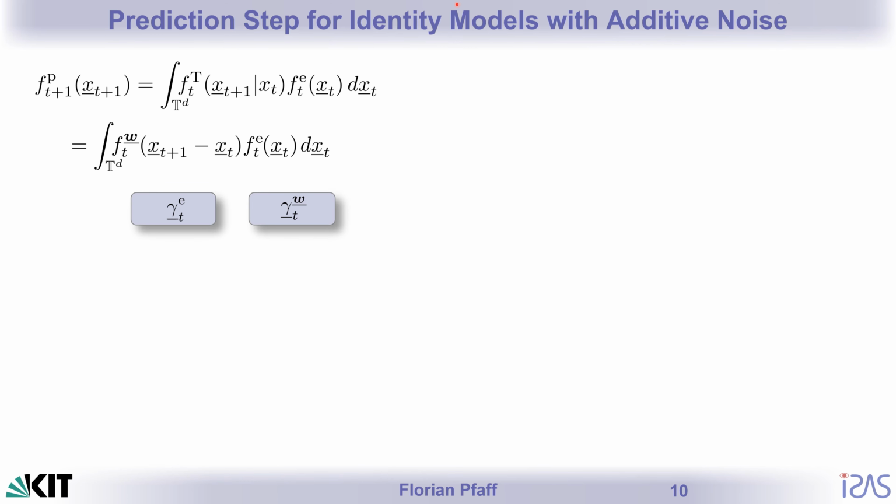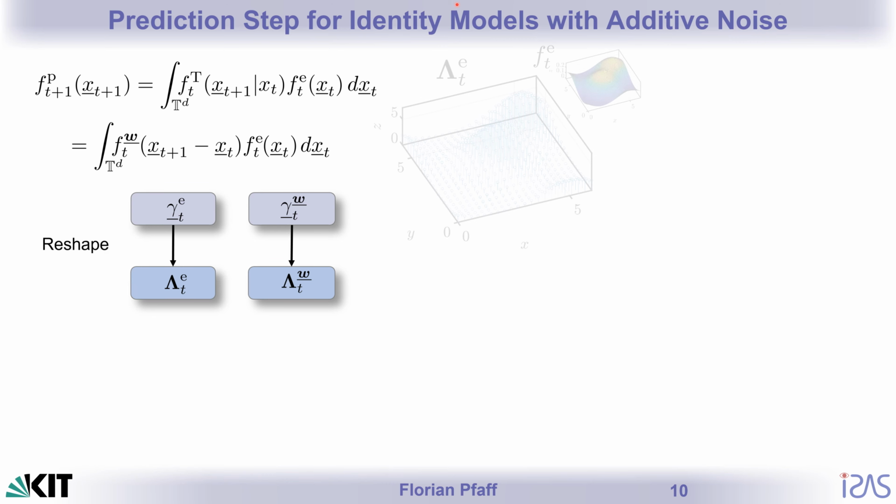So if we have the vector of grid values gamma^e from the previous update step, then we evaluate the noise density at the same grid points to obtain gamma^w. Then to perform this efficiently, we reshape these into d-dimensional tensors, lambda^e and lambda^w.